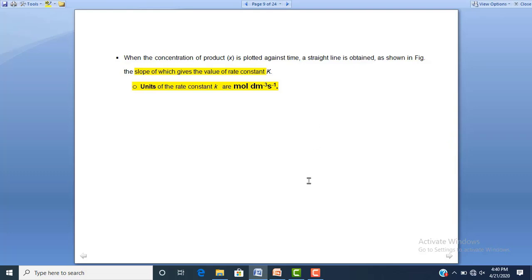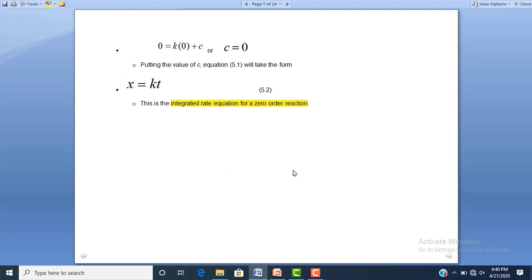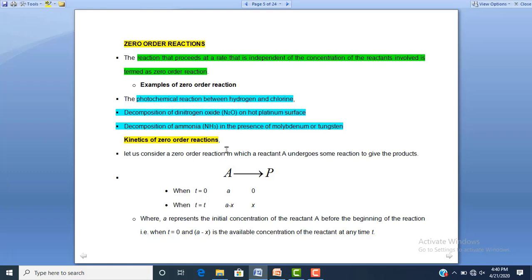Dear students, this was the first part of my lecture number 2, in which we studied zeroth order reactions. Zeroth order reactions are those reactions that proceed with a rate that is independent of the concentration of the reactants involved. Examples are the photochemical reaction between hydrogen and chlorine, decomposition of dinitrogen oxide on a platinum surface, and decomposition of ammonia in the presence of molybdenum or tungsten metal.